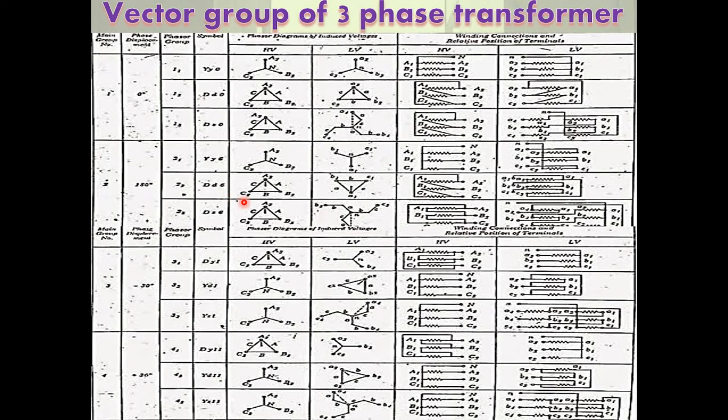Okay. Now a summary of the three-phase connections vector groups of a transformer. First is star-star, then delta-delta, then star-delta, and finally interconnected star connections. First, star-star or YY0 or YY6.